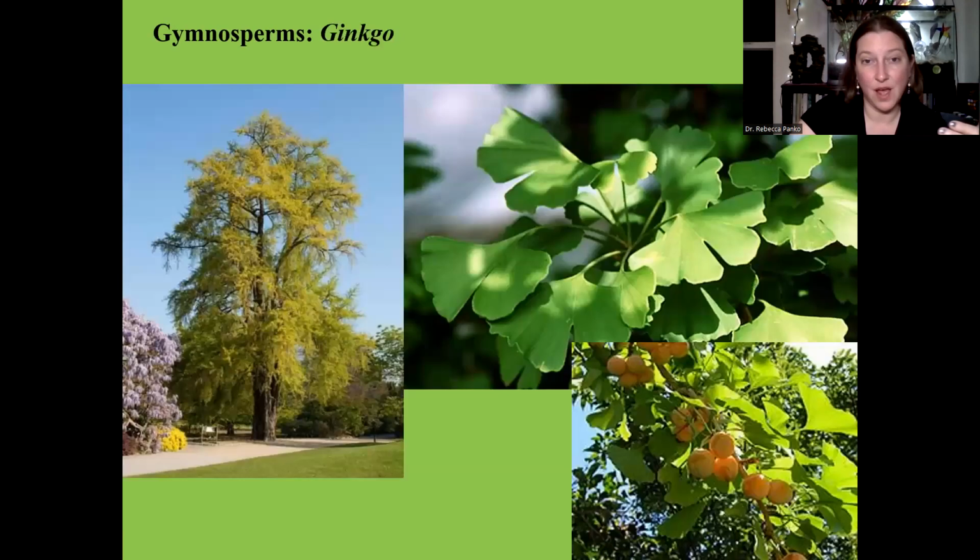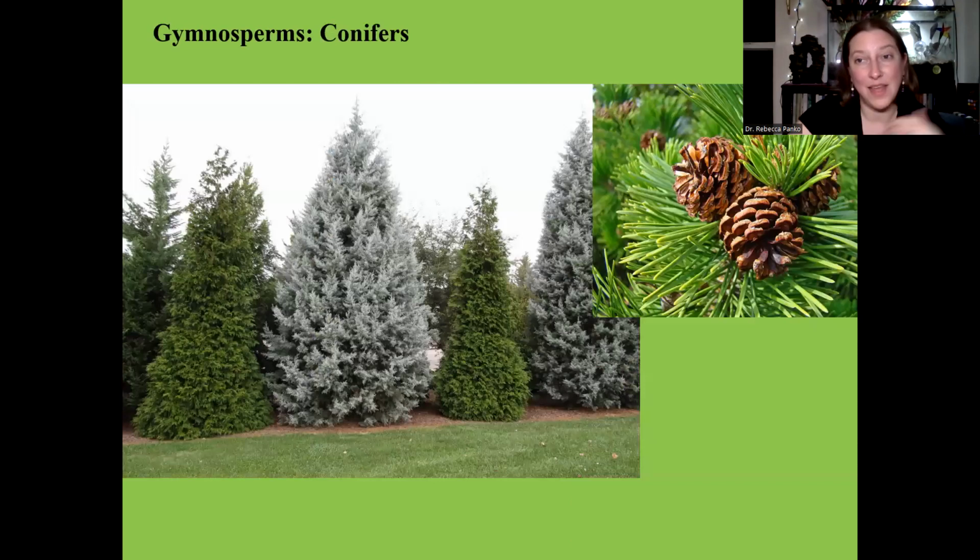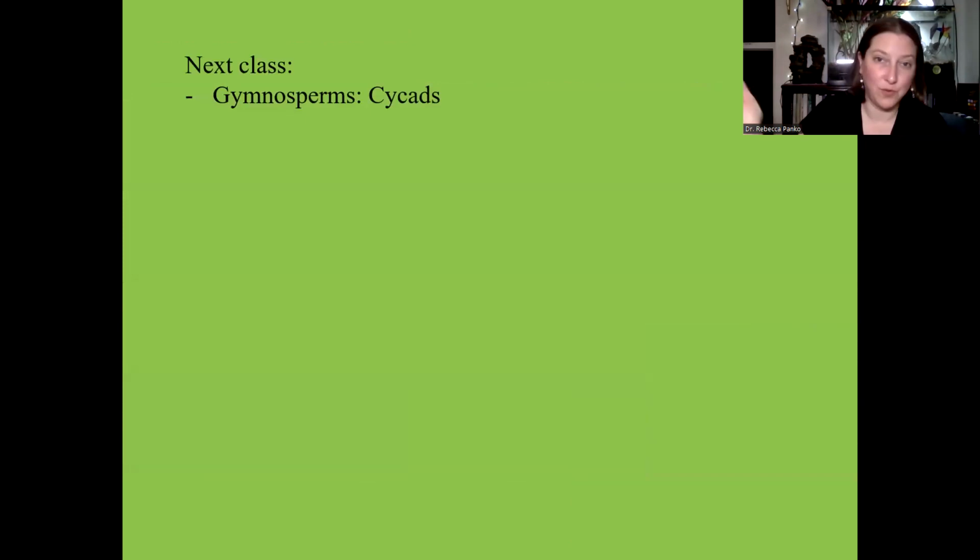The class after that, we will talk about Ginkgo, which is shown here, which is also a gymnosperm. So hence naked seeds. And then in subsequent classes, we'll talk about conifers, which are also gymnosperms, naked seeds. And then after we finish all the gymnosperms, we will go into the angiosperms. So next class, we're going to talk about cycads, right? Cycads.